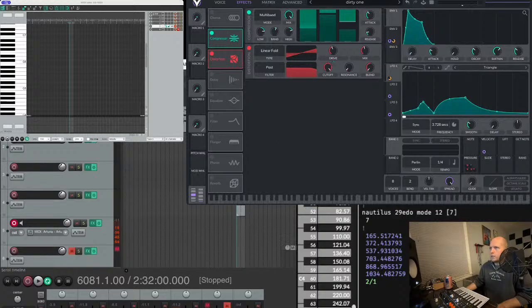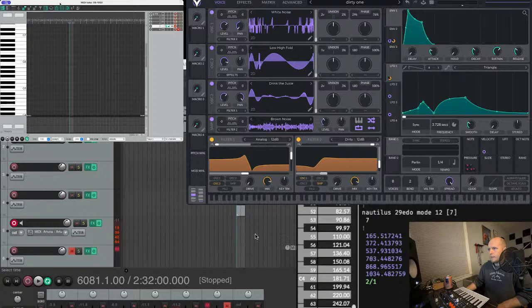I'm not sure if I want to actually record it on the keyboard or maybe just put it in piano roll and adjust the velocities manually.